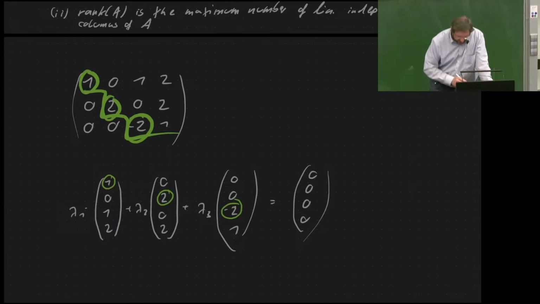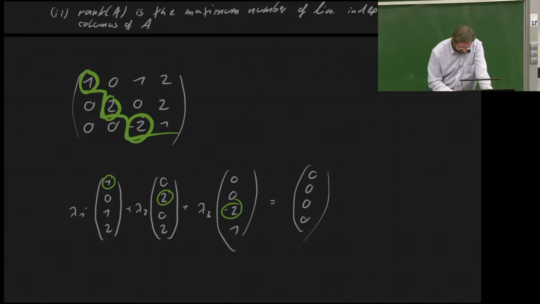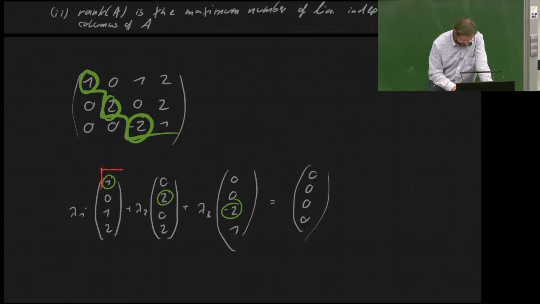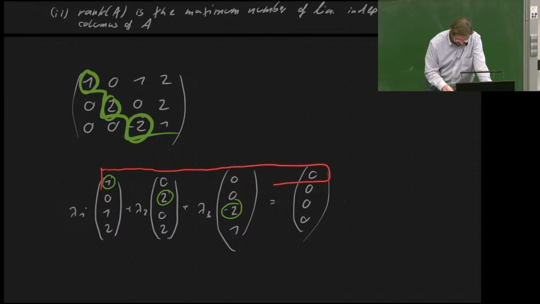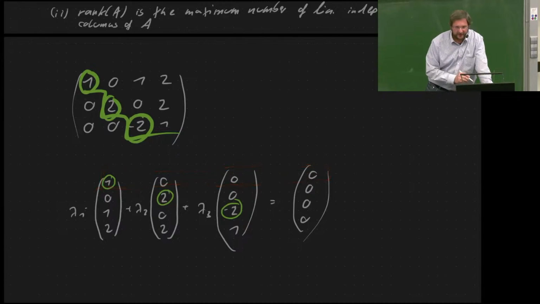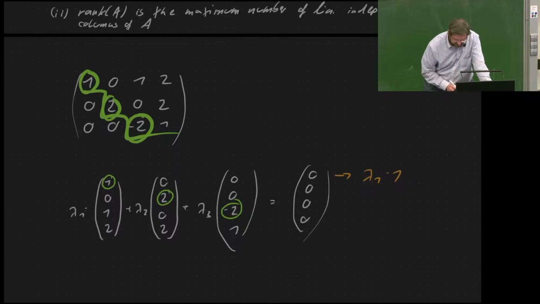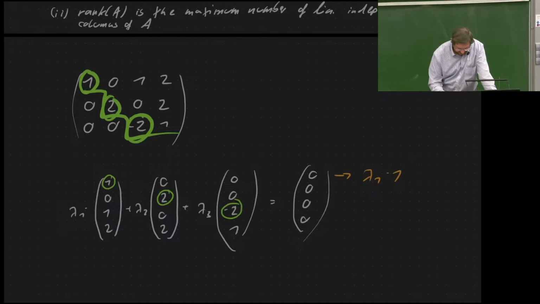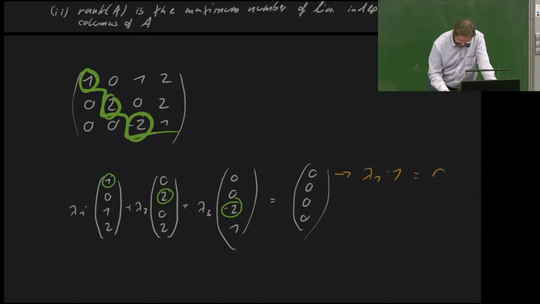What I can do now is I look at the pivots, right? So this first row here corresponds to the equation lambda 1 times 1 plus 0 plus 0 plus 0, just 2 zeros, is equal to 0.